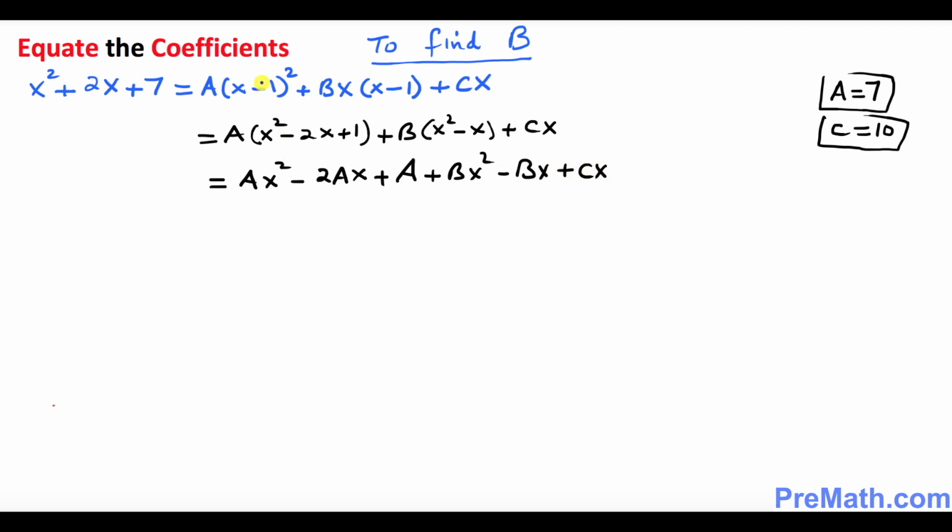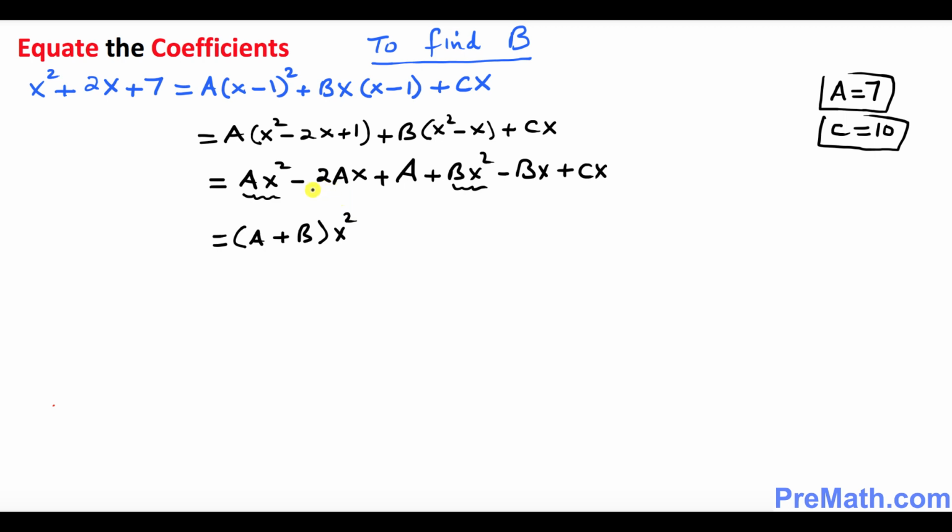Now we want to combine the like terms. For the x squared part, I can write (A plus B) times x squared.